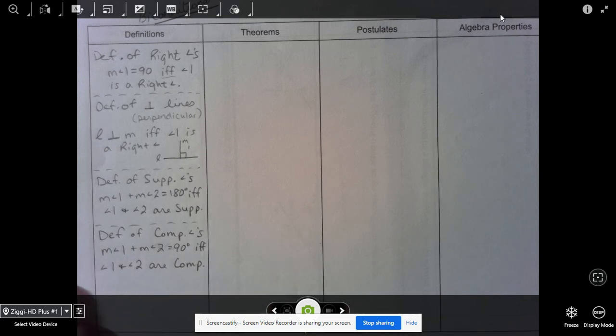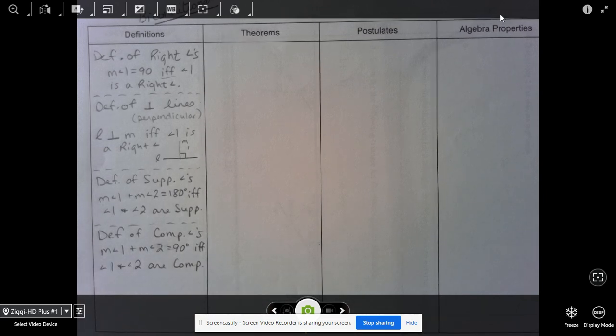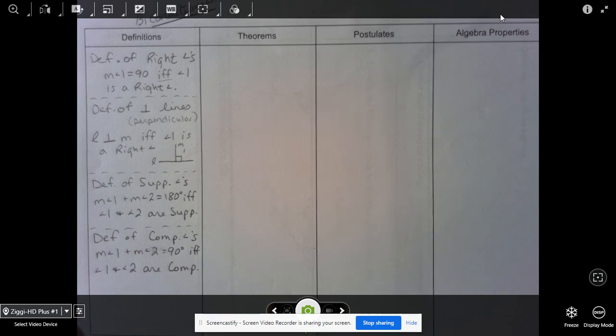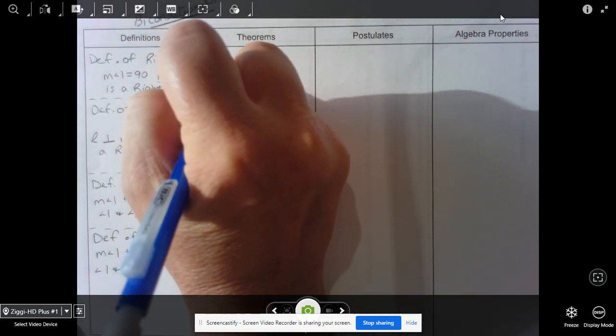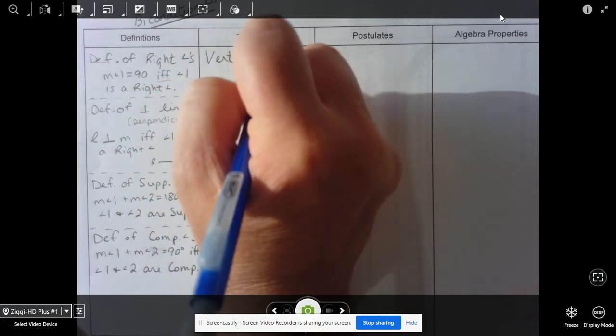So those are the first four basic definitions that we are going to go off of. All right, and then we're going to introduce two theorems and a postulate today. And so the first theorem that I want to introduce is the vertical angles theorem.